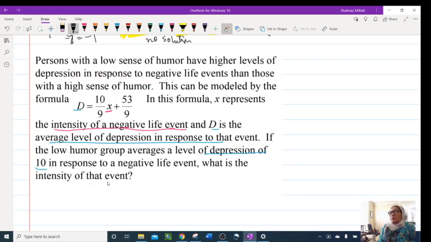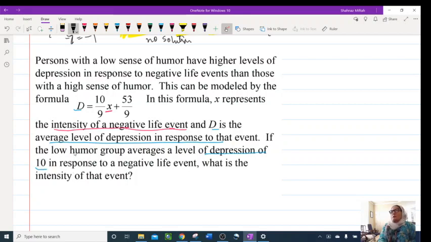Negative life event intensity was the X, if you remember. So I'm looking for X. D was the average level of depression in response to that negative event. So D is depression, which is 10.